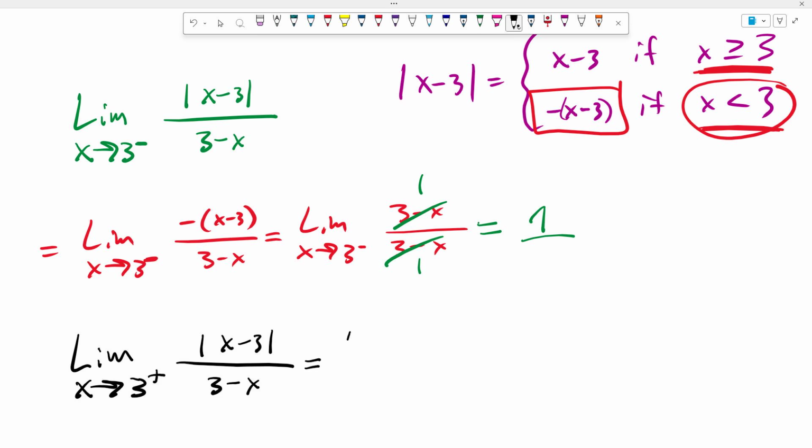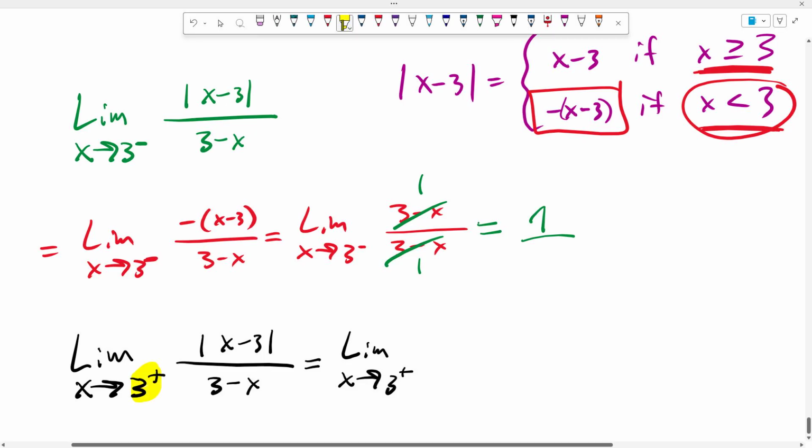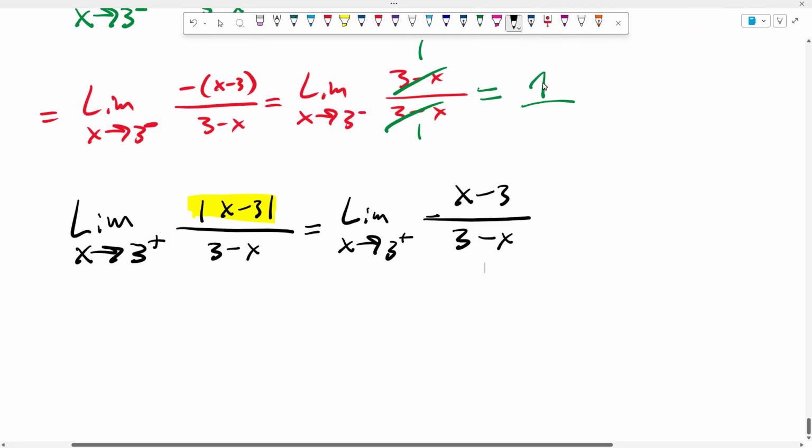Now, since we're approaching 3 from the right, this absolute value, okay, we're to the right of 3, so I can substitute this in. So this is x minus 3 over 3 minus x. And how do I simplify this?